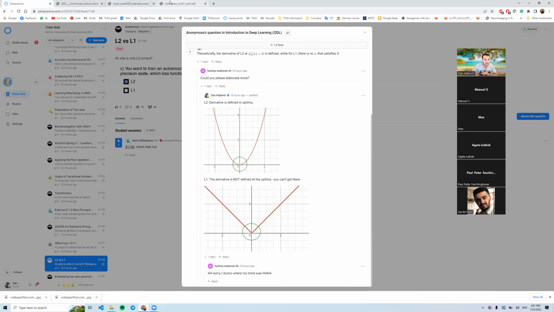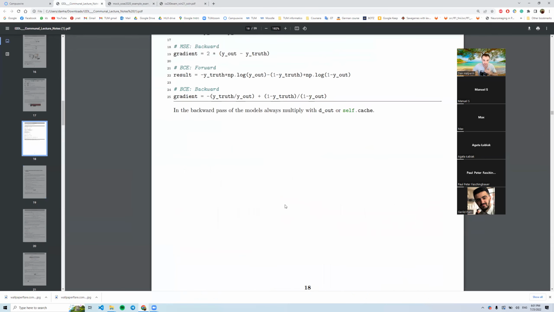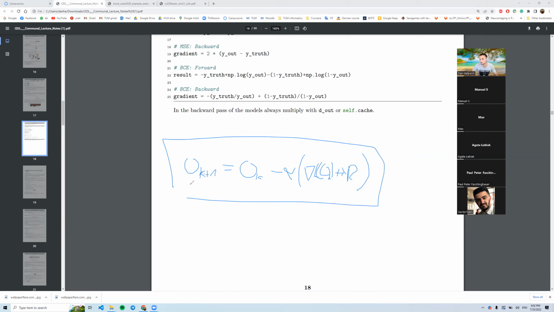So this circle is theta for now, and this is the learning rate. This is the loss, and you put the derivative of L of theta K plus the regularization, lambda regularization. If you write this in the exam, you get all the points.